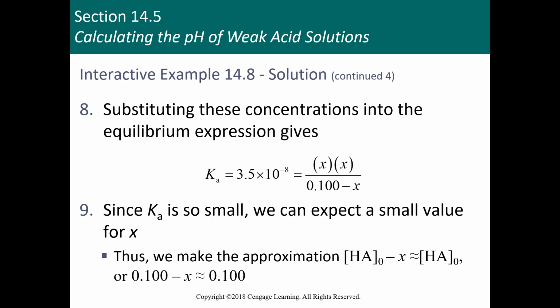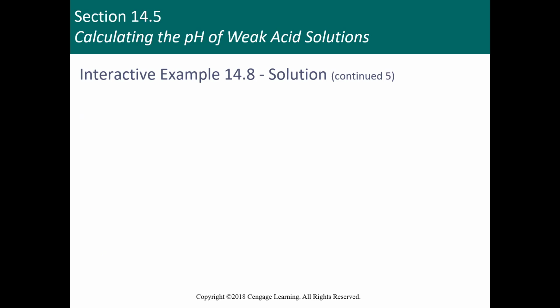So we could try to assume that if we subtracted this very small value of X, it won't make any difference. Which means we would just assume this would be 0.1. The concentration of our HA at equilibrium would essentially be the same as initially, since we wouldn't use enough of it for it to matter.